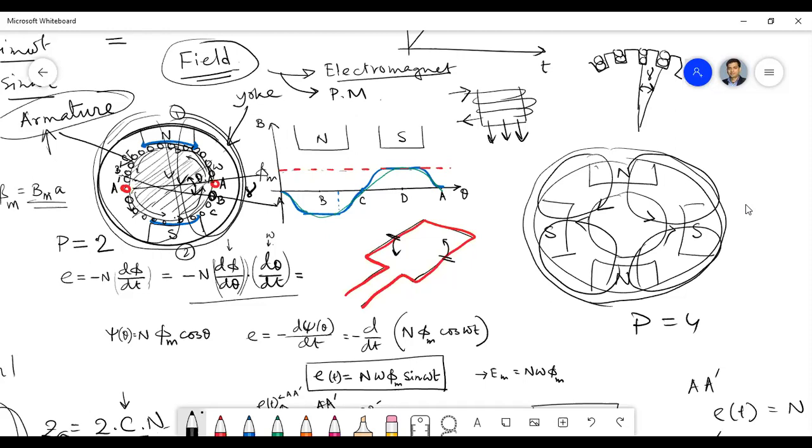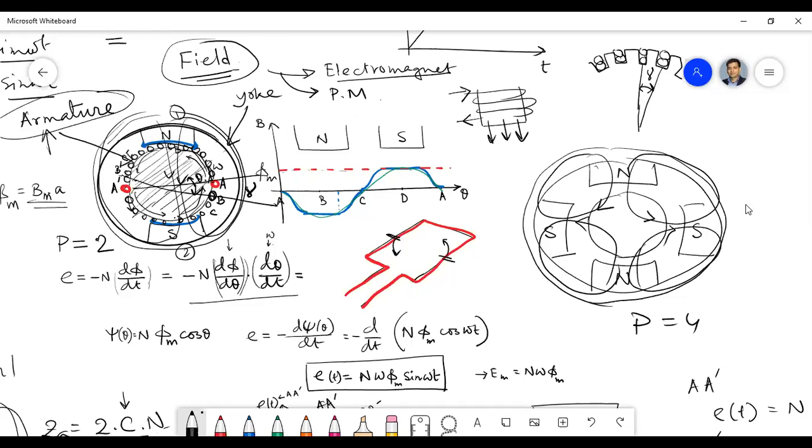Now, the field coil is that coil which is there inside the machine to produce the magnetic field only. And the armature is that coil which is there inside the machine to carry the current. It doesn't mean that it will not produce a magnetic field when it carries current; when it carries current, it will certainly produce a magnetic field.